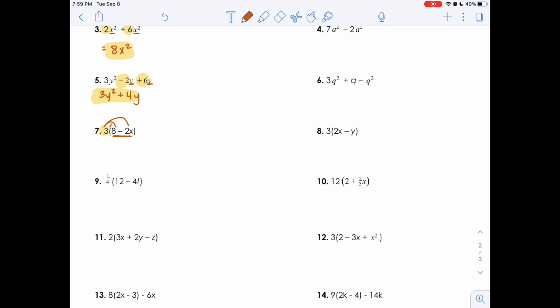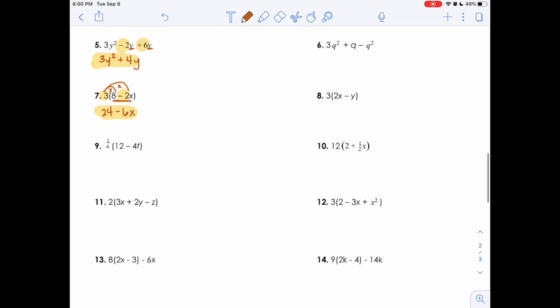So I have 3 times 8, which is 24. And then I have 3 times, keep in mind this is a negative 2, 3 times negative 2 is negative 6, and we keep the x. So the expression simplifies to 24 minus 6x, and that's the simplest form, because 24 and 6x are not like terms.